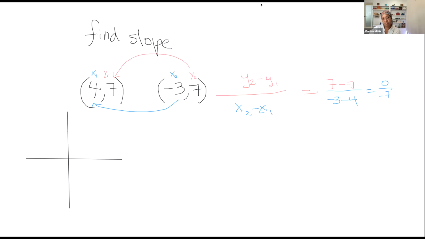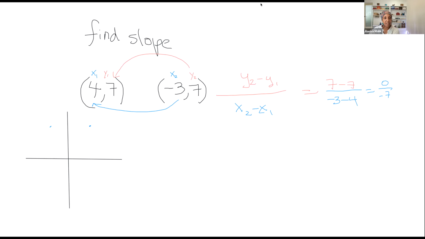If I'm here at 4, 7, and then I'm here at -3, 7, and I connect these dots, what is that?